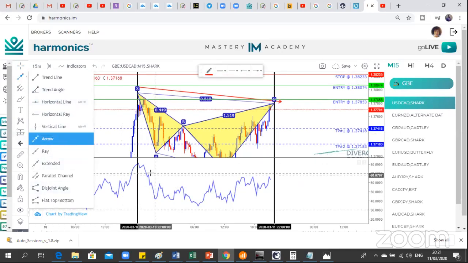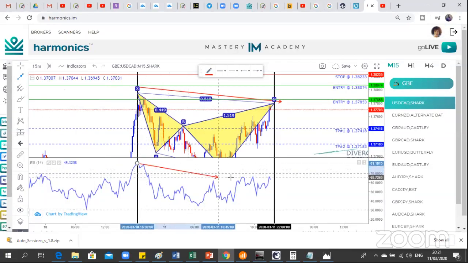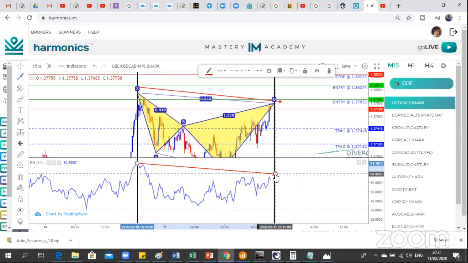Draw it from the touching point to where it is. On the RSI, is it floating down or is it floating up? On the RSI now, guys. Good, it is floating down. So the chart is coming down, the RSI is coming down.